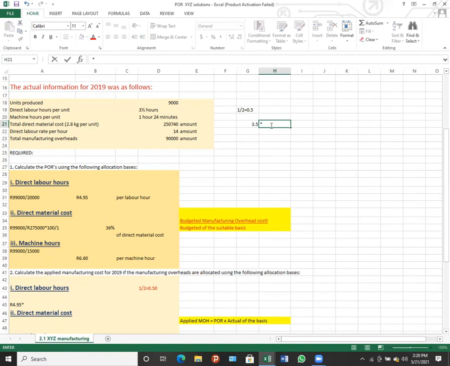And then we're going to multiply it by 4.95 rand. Remember, guys, you missed the last step. So we're going to multiply it by units produced. Correct.